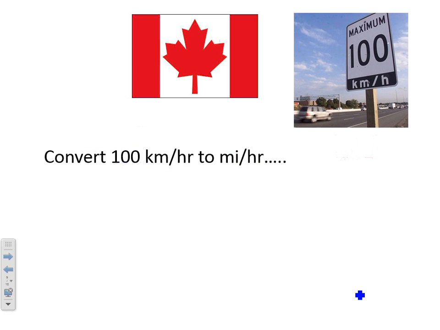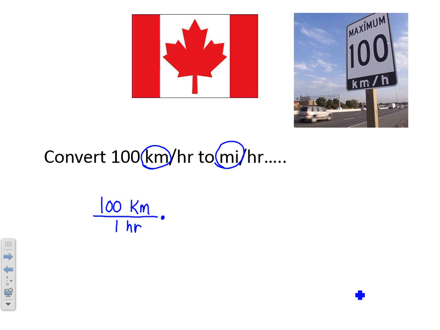Now we're going to go back to our Canada question and find out exactly how many miles per hour 100 kilometers per hour is. Notice in this case we only have to convert the miles and the kilometers. We do not have to convert the hours. They're going to stay the same. So you always start with what you're given, 100 kilometers per 1 hour.